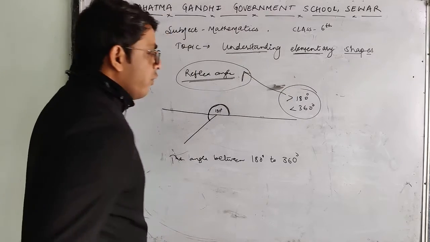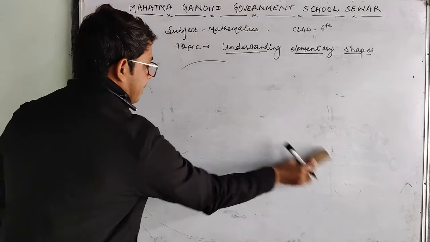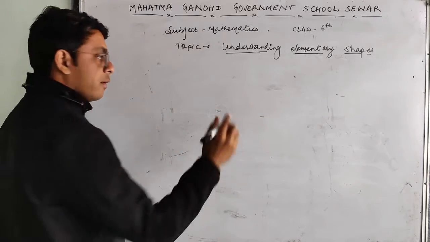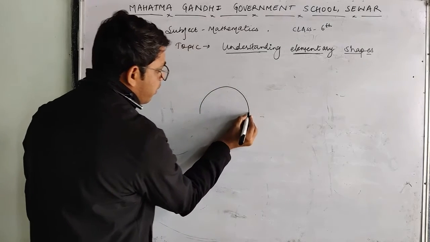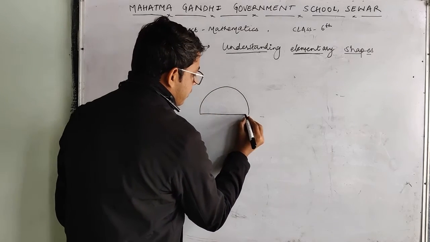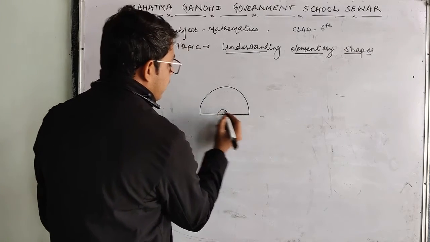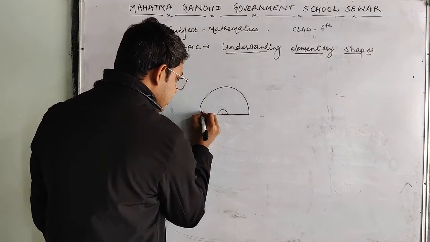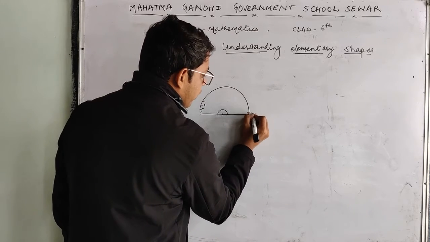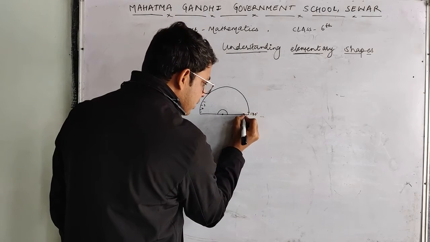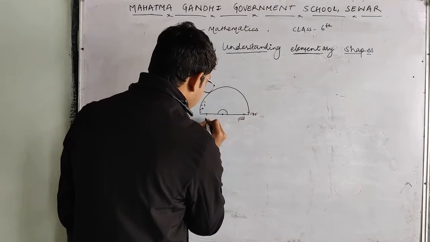Now how can we measure an angle? There is an instrument called a protractor. There are degrees written here also, 2, 3 up to 180, and the same here from 180 to 1.